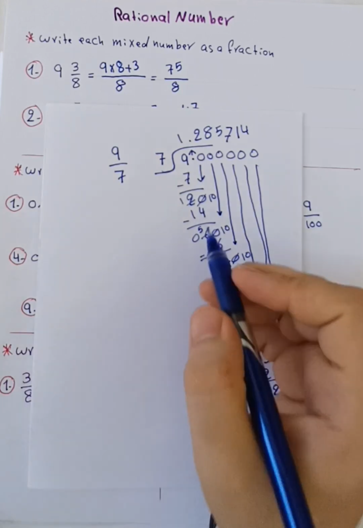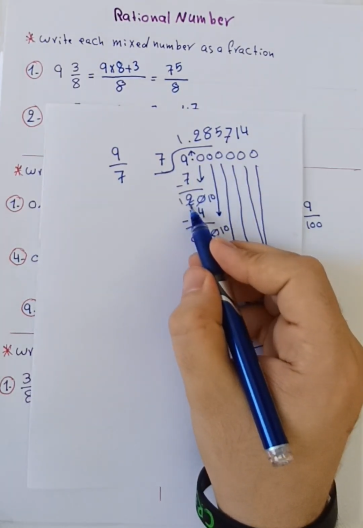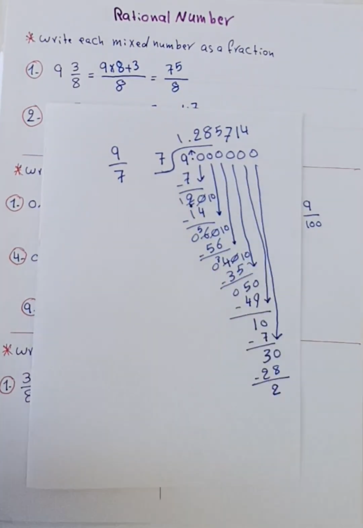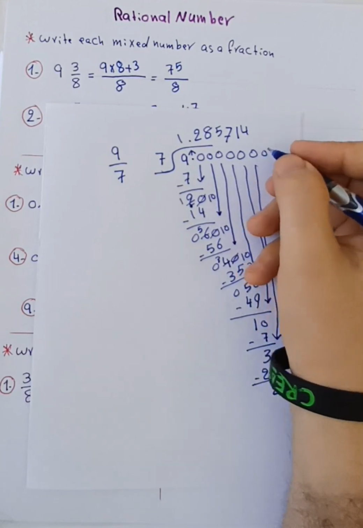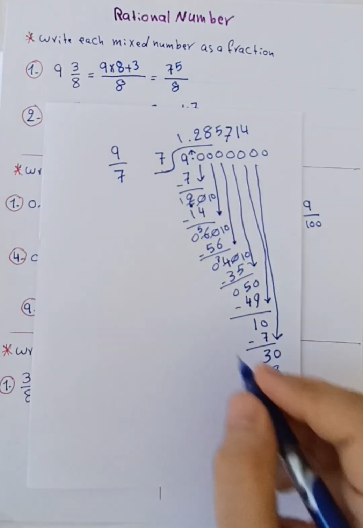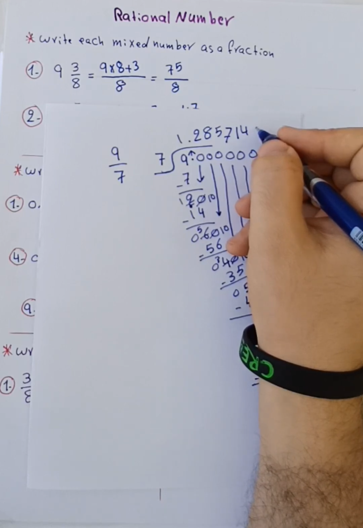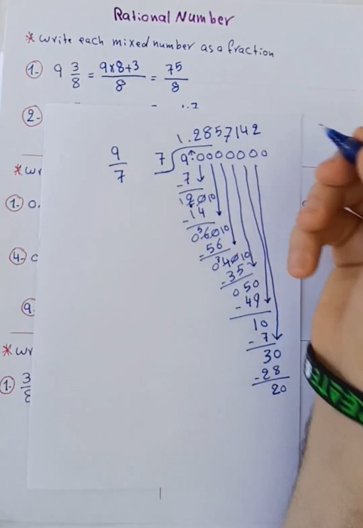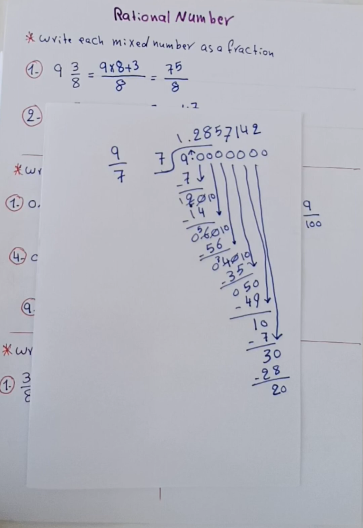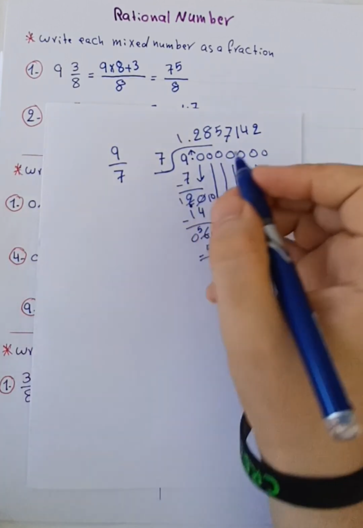And then we have 2. So this division is a repeating division. If we write another 0 and bring it down, you have 20. 20 divided by 7 equals 2. So these are repeating numbers, a repeating division.